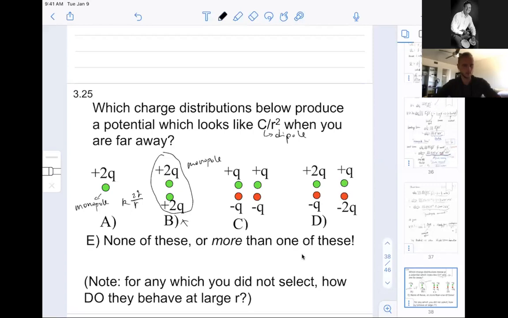C. Dipole. Okay, so C is a dipole and they are 4 charges. So exactly what kind of dipole am I looking at? What is the direction of my dipole moment? It might be easier to look at your dipole moment.